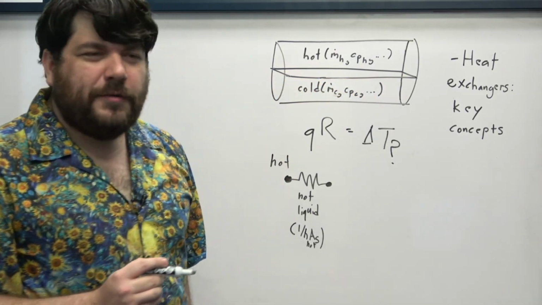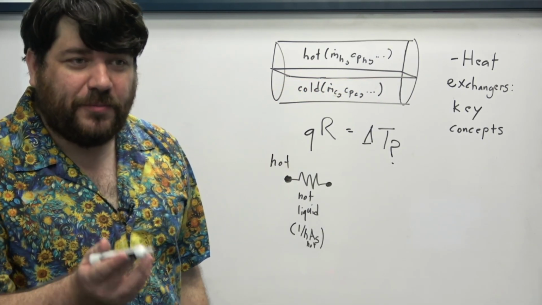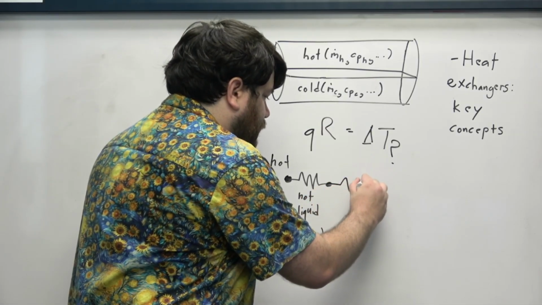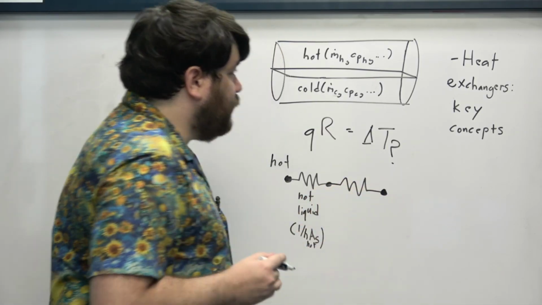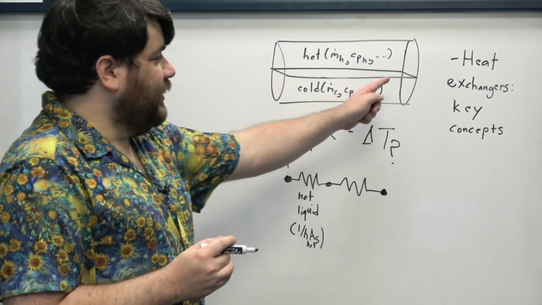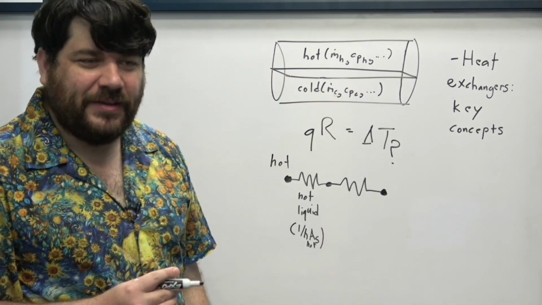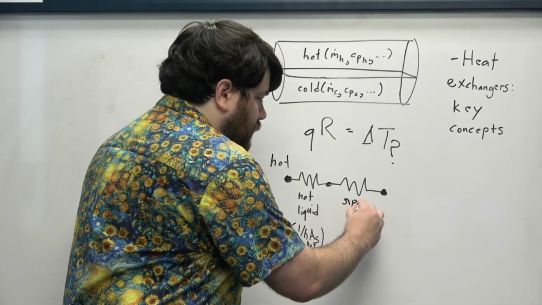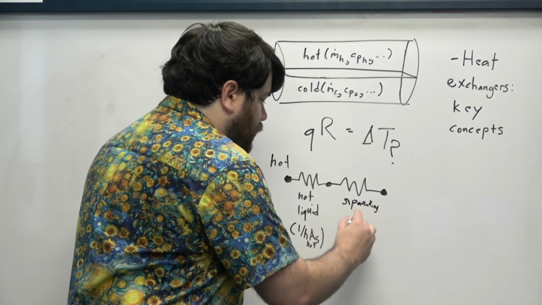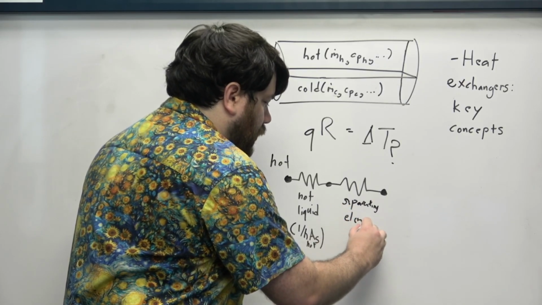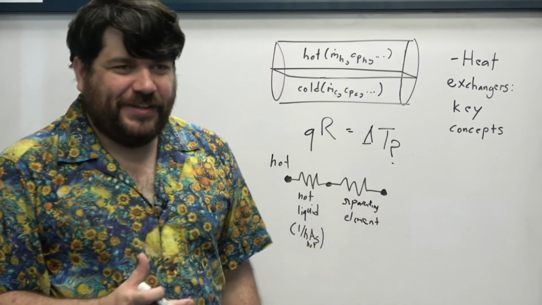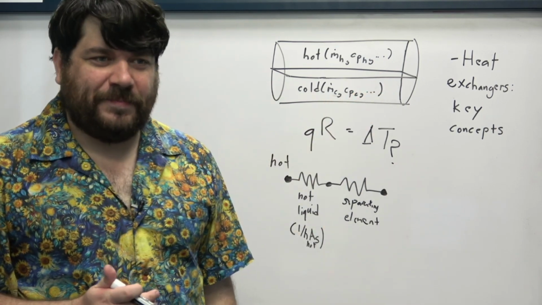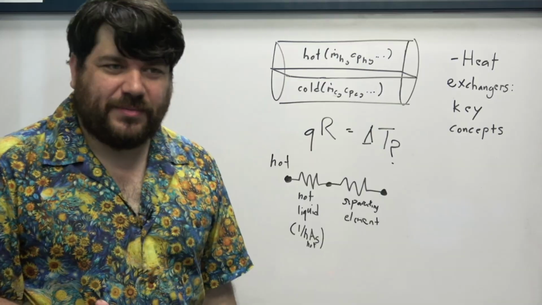Now we have a conductive thermal resistance that represents the separating element. Okay, and now this one, I don't want to write an explicit expression for, simply because it depends heavily on the geometry. So in this example, it looks like we have something that's planar.